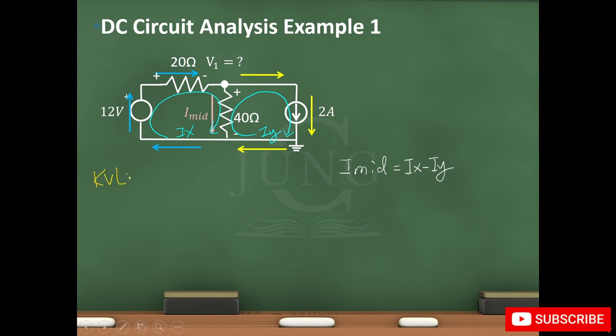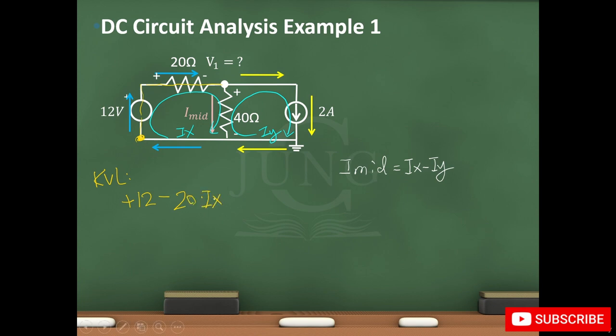First, let's go clockwise on this left inner loop, starting from this point. We first encounter a voltage source from minus to plus, so we gain a voltage of plus 12 volts. Then we go from a plus to minus, so a voltage drop of 20 times Ix.